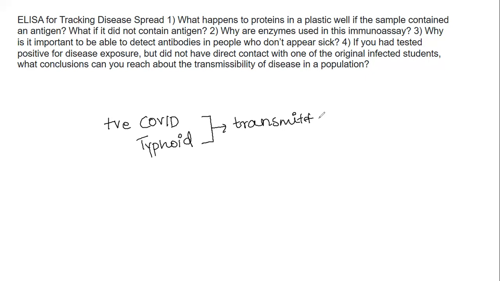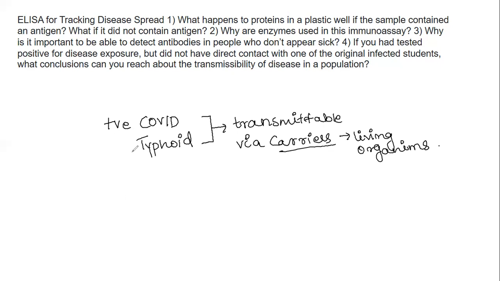via carriers. These carriers are living organisms, humans or any organisms which can carry specific pathogens, or the infected organisms. Here it is a virus. Typhoid is caused by Salmonella typhi bacteria.